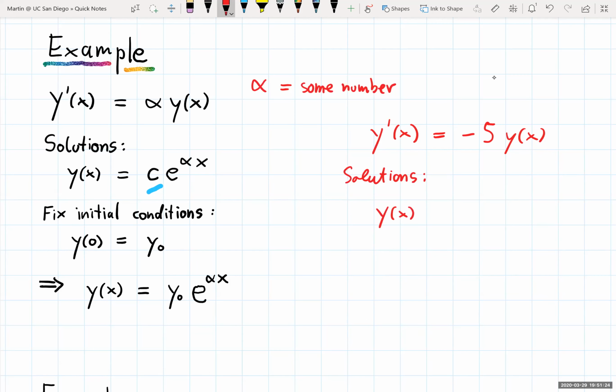You've got y of x equals c, which is the integration constant, times e to the minus 5x. Now, if we fix some initial condition, for example, let's say, just for simplicity, at x equals 0, the function y should assume the value just 1. And y of x is just the same as e to the minus 5x.